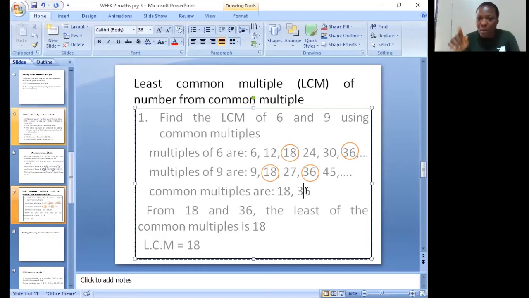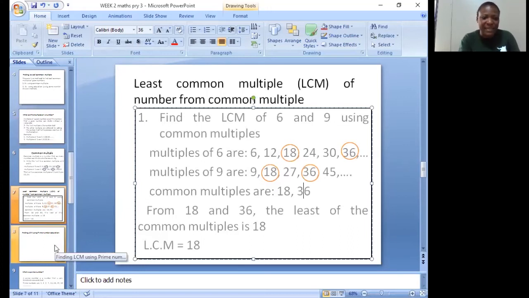Have you done that? Good. Now the numbers are what and what? 18 and 36. The smallest figure out of 18 and 36 is what? 18. Good. So LCM, least common multiple, is 18. Did you get that? Excellent.